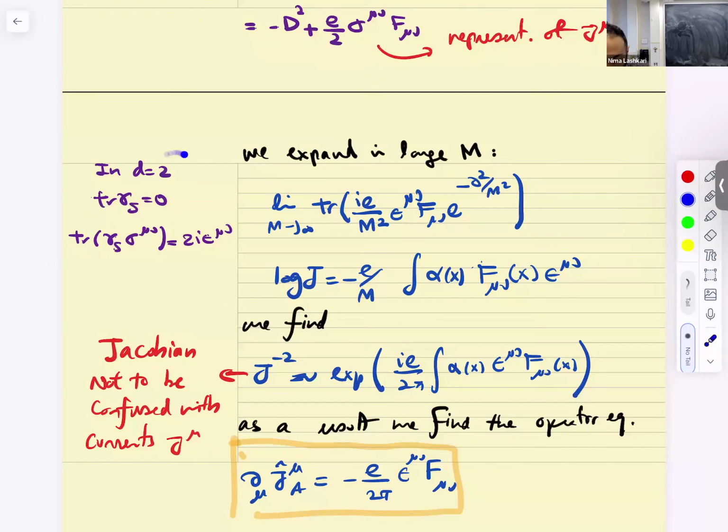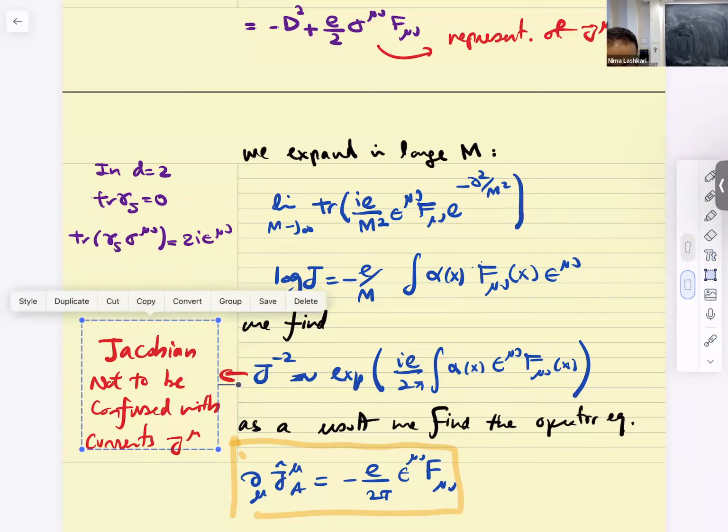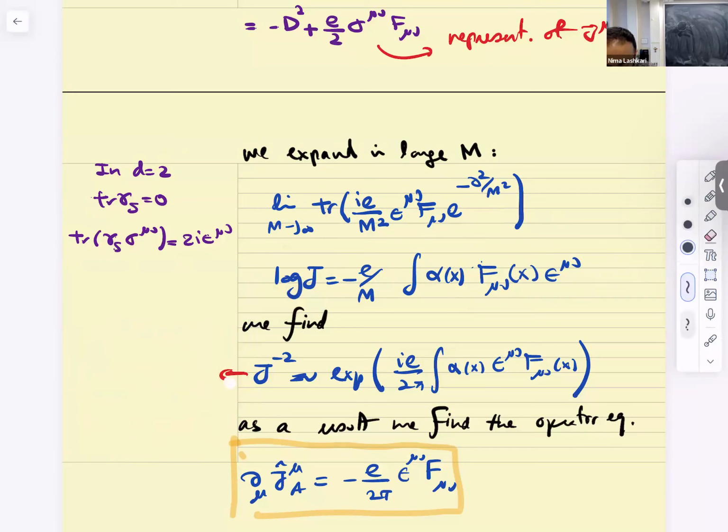We saw that in D equal 2, the trace of gamma 5 is 0, and I have this identity. So we expanded it, and we found that log of J is minus e over M. This expression is the Jacobian. Oh, sorry, this was a comment that was relevant for the previous lecture. You know that now, hopefully you don't get confused. So we found the Jacobian, and as a result, we found the operator quotient this way.